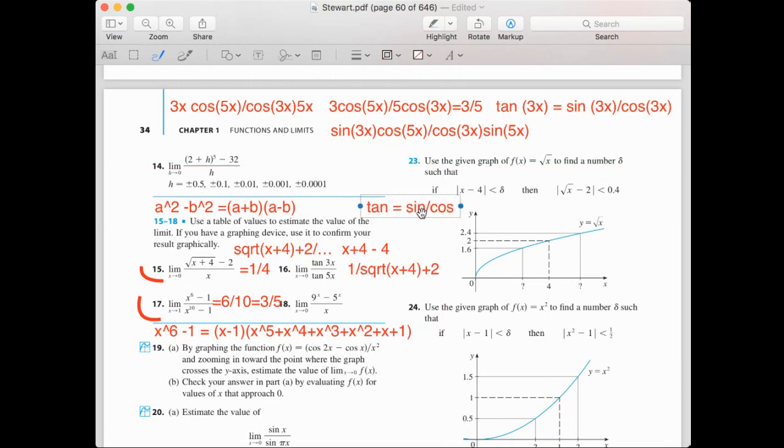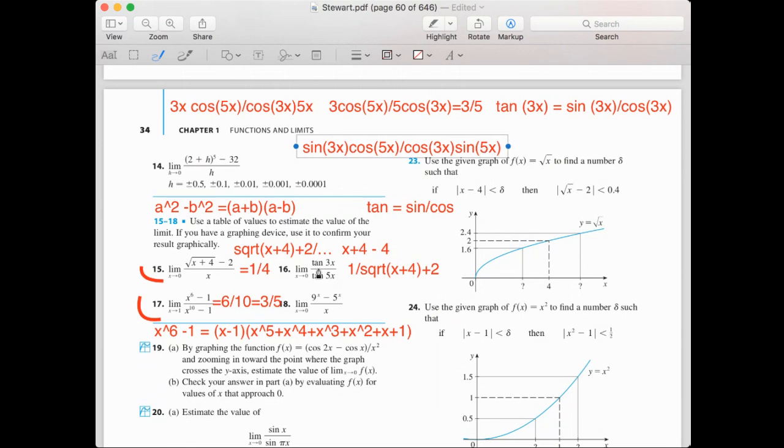We use this property. So sine 3x divided by cosine 3x, divided by sine 5x over cosine 5x. We simplify that and get sine 3x cosine 5x divided by cosine 3x sine 5x.